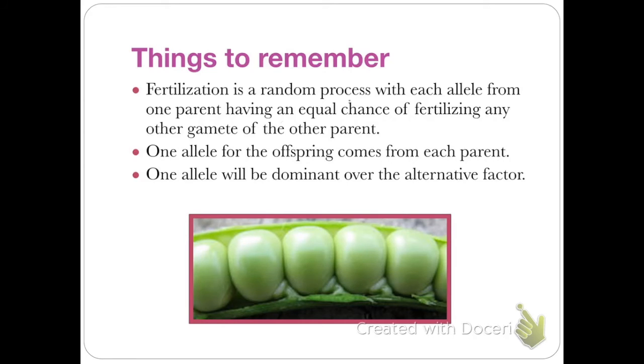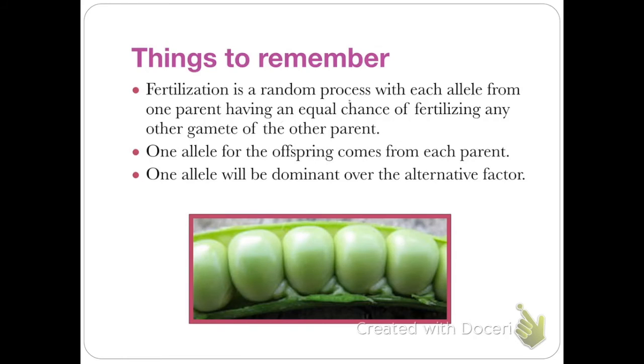So remember how we talked about last topic, how there are thousands and thousands and thousands of variations of allele combinations that offspring can receive from one parent due to random assortment of homologous chromosomes and crossing over. So the egg that's selected, or the sperm, or the egg in the pollen grain, depending on what species you're discussing, there's an equal chance for any of those alleles to be fertilized by any other allele.